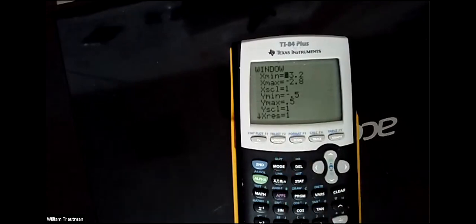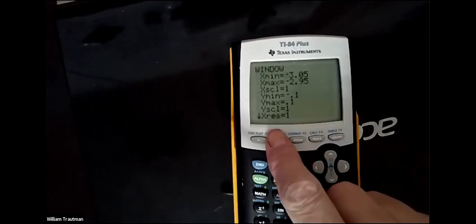If I want to focus even more, x from -3.05 to -2.95 and y from -0.1 to 0.1. I think I messed it up. I don't know what I did wrong.